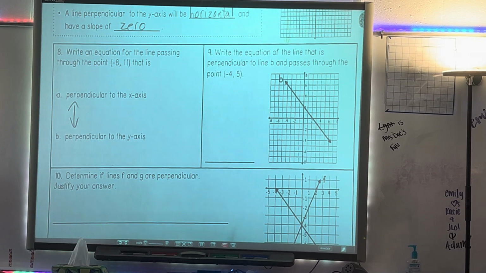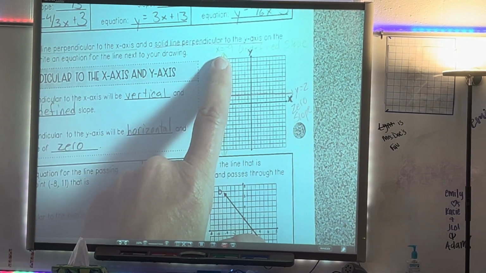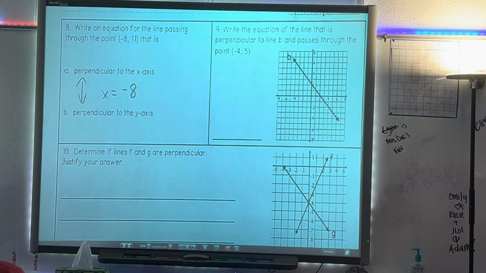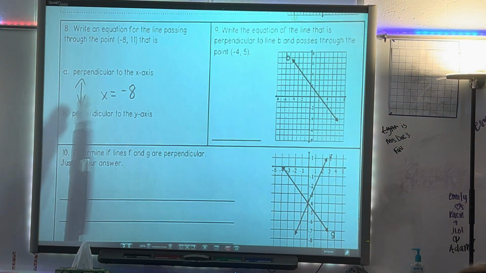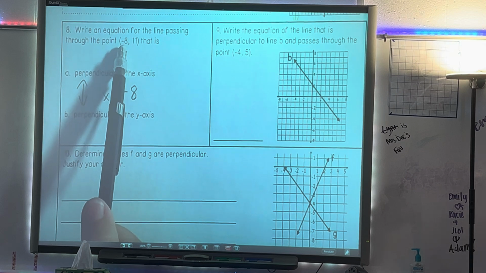I want the equation of the line. It's vertical, so x equals -8. Y'all be really, really careful with those. That's why I have to draw it, because I know if it's up and down, it has to be x equals whatever they told me.